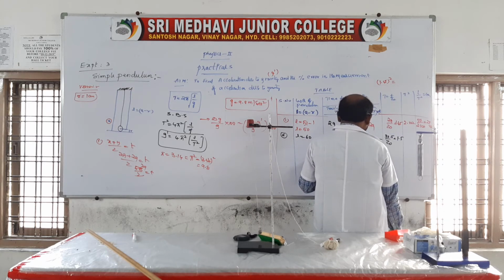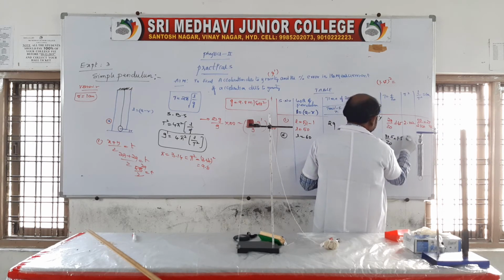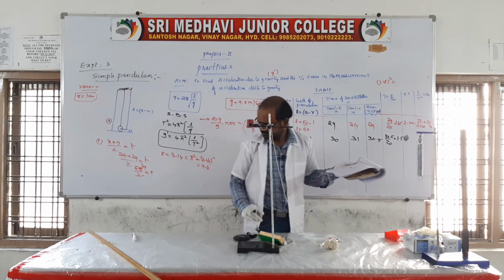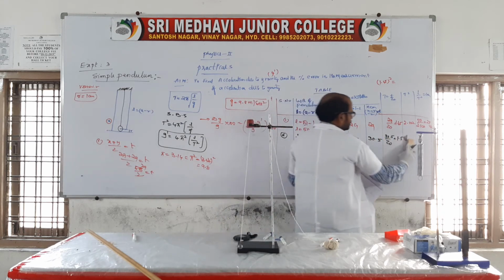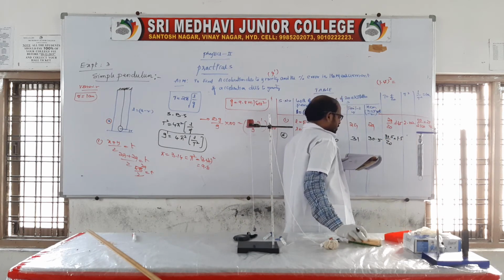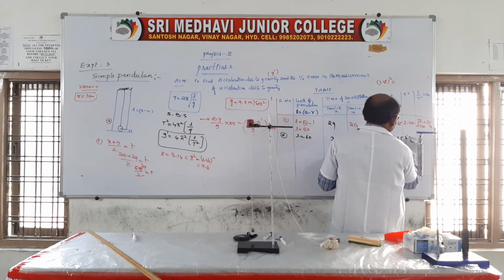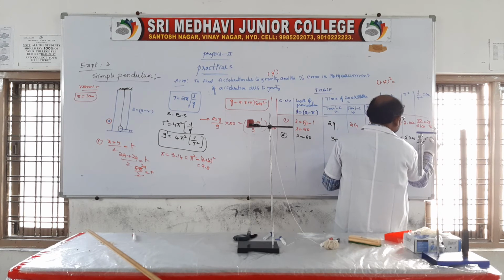On average the answer for T square is 2.325. Then L by T square, you write 60 by 2.325. Again we get 25 point something.